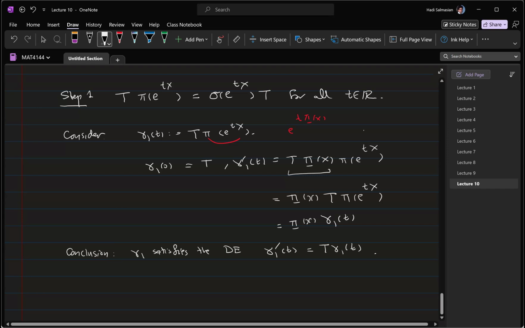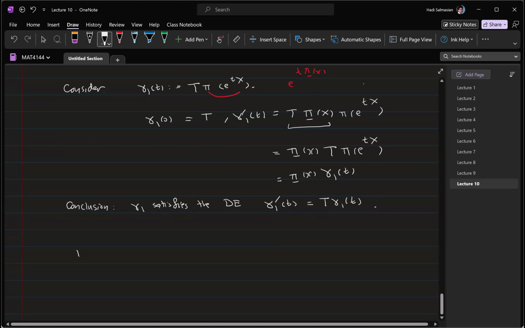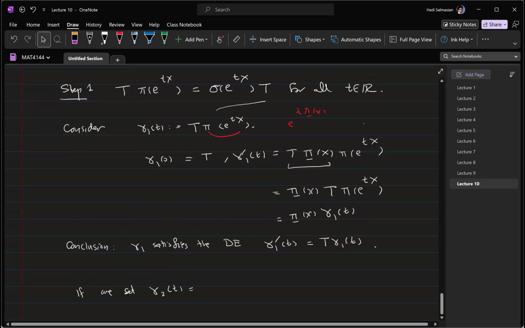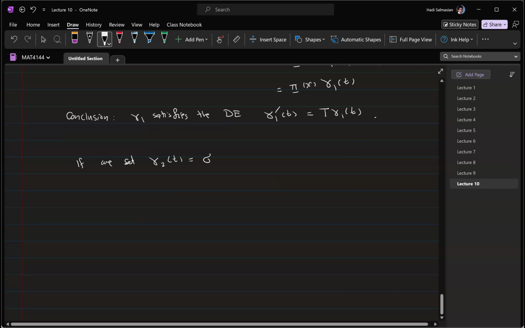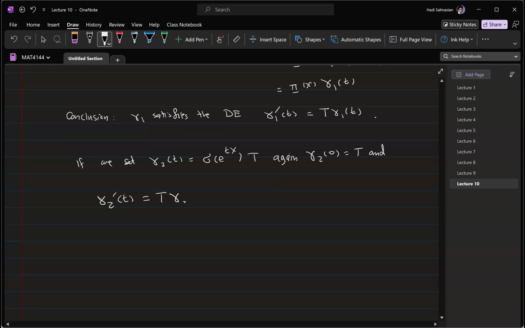Okay, and by a similar calculation, if we set gamma 2 t to be the right hand side here, which is sigma e to the tX, again gamma 2 0 is t, and gamma 2 prime t satisfies the same differential equation.